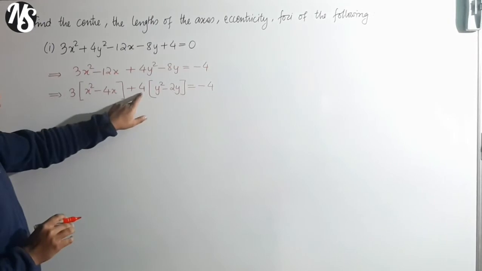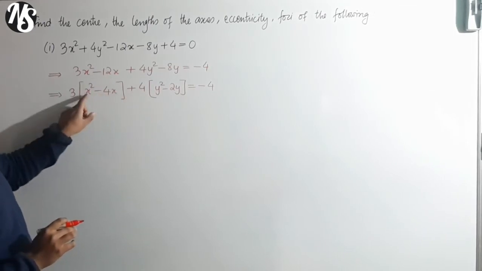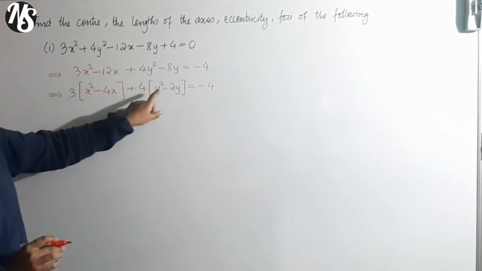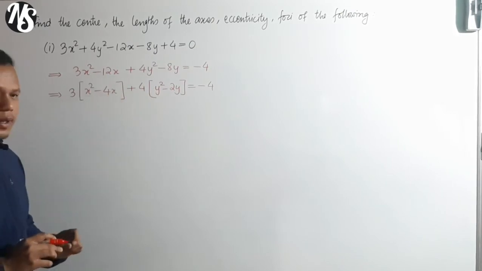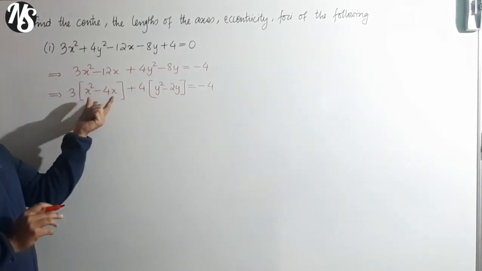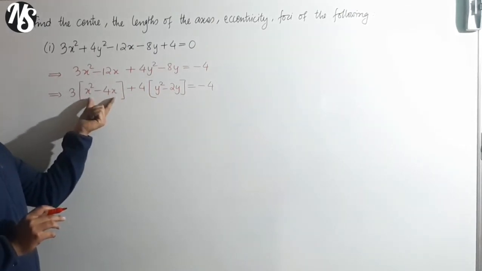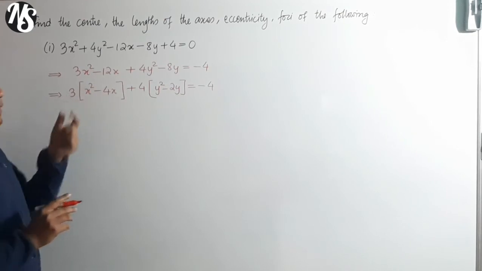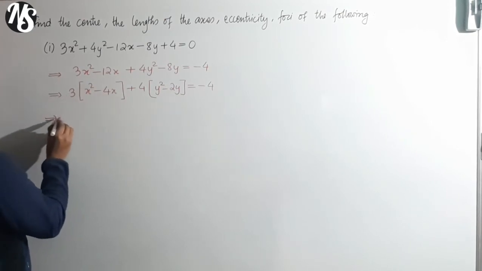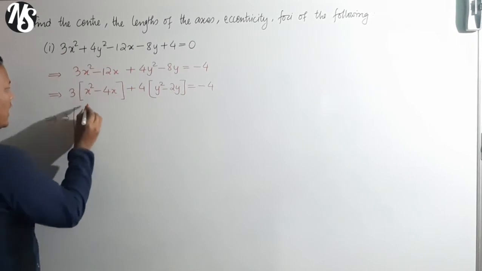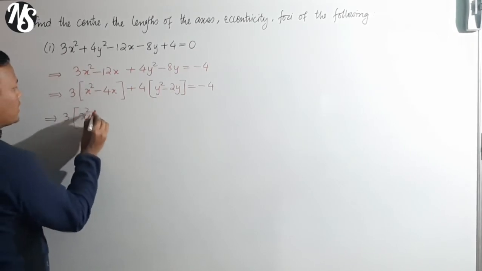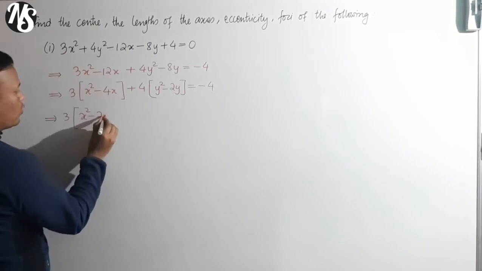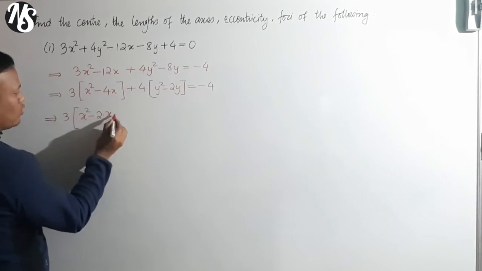Now if you see here, the coefficient of x square is 1 and the coefficient of y square is also 1. Now we are ready to write this in terms of perfect square. Let's see how to write this. So this is 3 into a square is x square, minus is there, so that's why I have to write 2a is x into b.